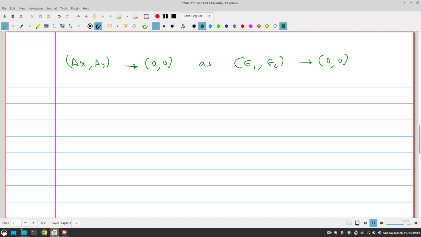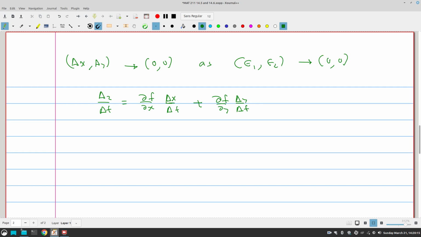Right, now if that is the case, then delta z over delta t equals partial f over partial x, sorry, this should be delta x over delta t, plus partial f over partial y delta y over delta t.